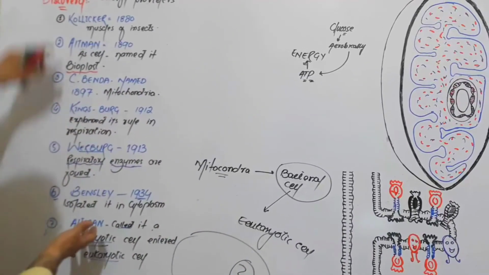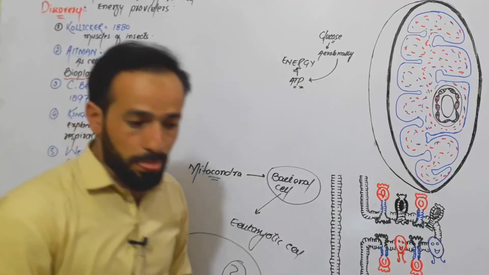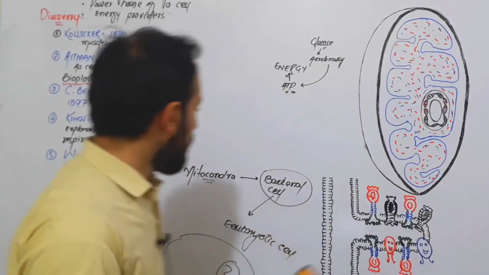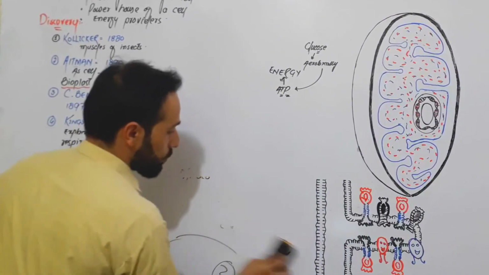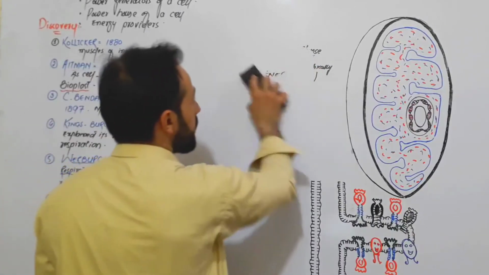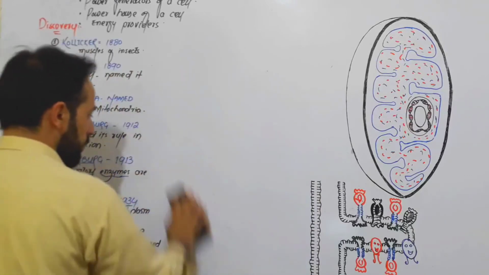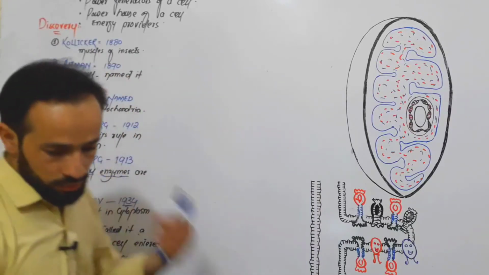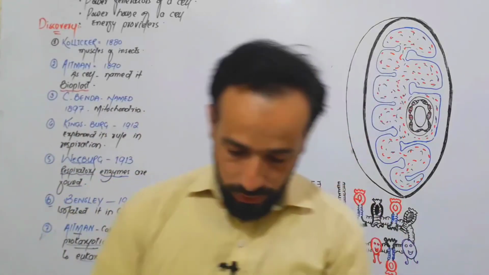So this was a little bit of history of mitochondria. Now we will move towards the structure of mitochondria. Look carefully.